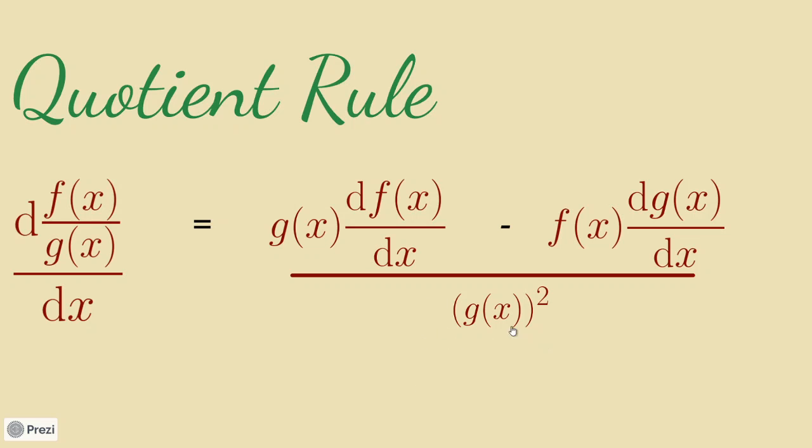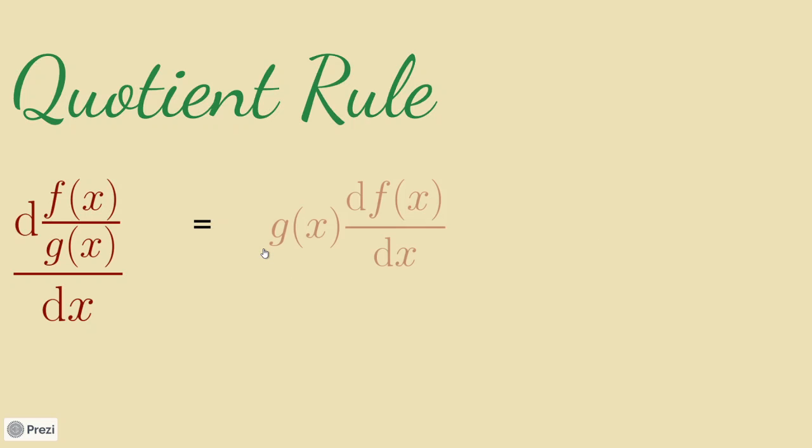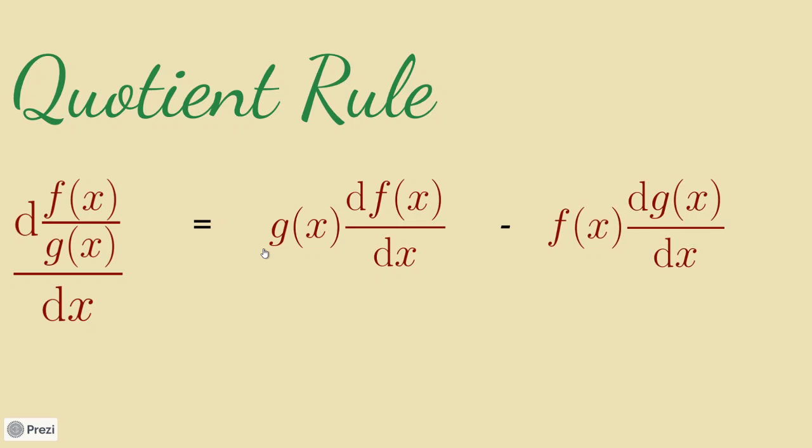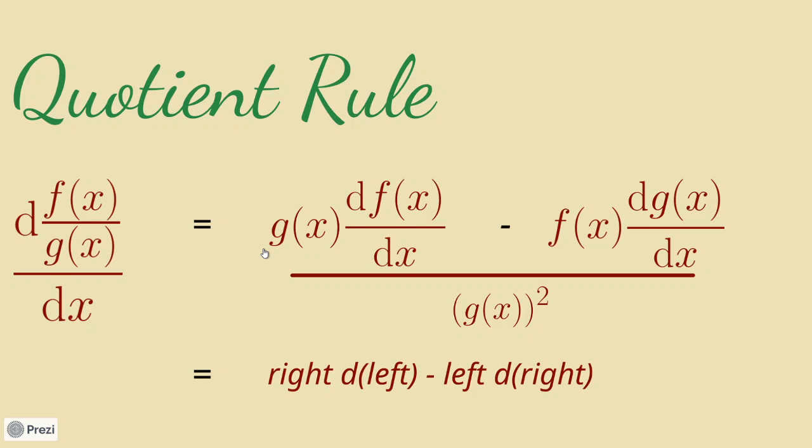Remember, here there is no differentiation. Okay, this is the formula basically. Let me write it again. Second function into differential of first function minus first function into differential of second function, whole divided by second function whole square. Or you could use my shortcut method, and that is right d left minus left d right, whole divided by right square.